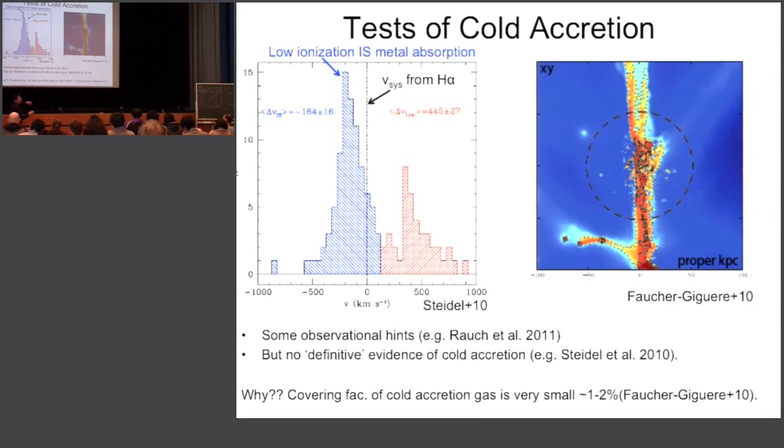It's very filamentary, and the covering fraction is so small. So if your observation is luckily in the direction of the cold stream, then you can identify such a high velocity accreting gas. But the filling factor, covering fraction is so small, like 1% level. So probably some people say this kind of cold accretion is very difficult to identify because the covering fraction is small.